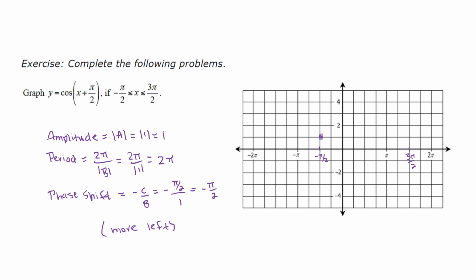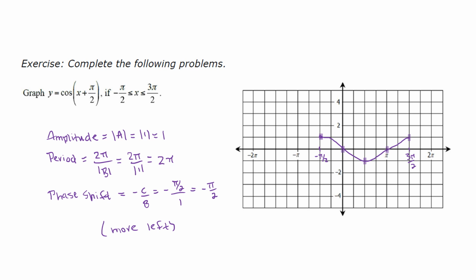All right, okay. So we're going to start at 1, and then we'll continue the pattern. So the y then goes to 0, and then it will go to -1, then 0, and then 1. Then we can connect those dots. All right, and we now have our graph.